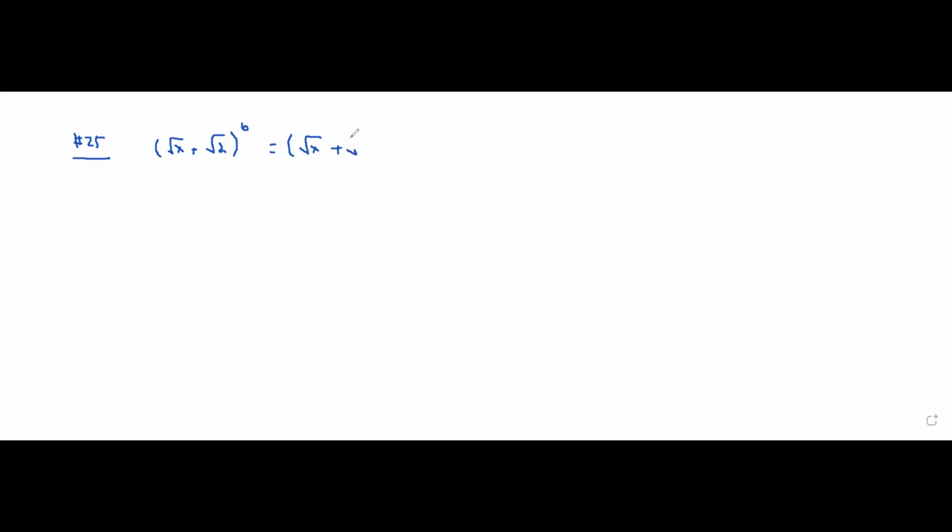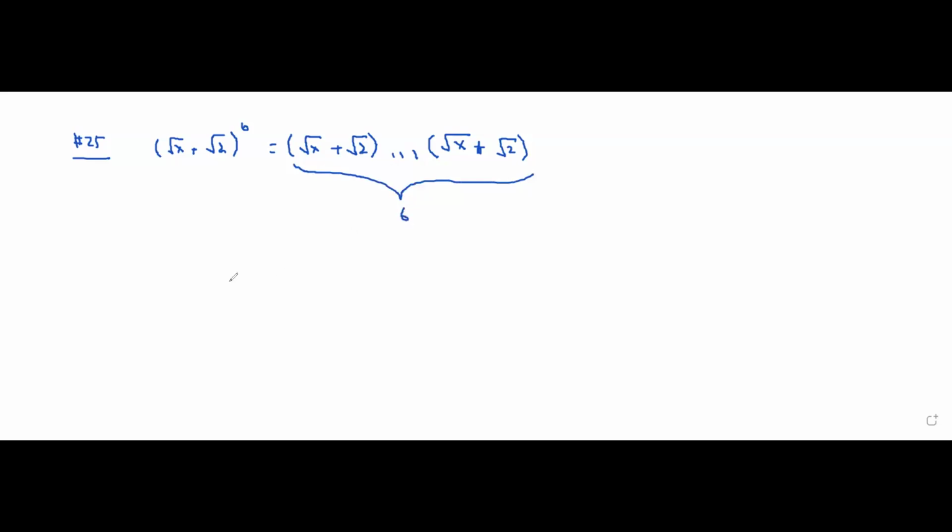That's what power of 6 means, right? You have to multiply the same thing with itself, dot, dot, dot, root of x plus root of 2, 6 times. That's going to take you a while if you do this by hand. So the recommendation is to use the formula.